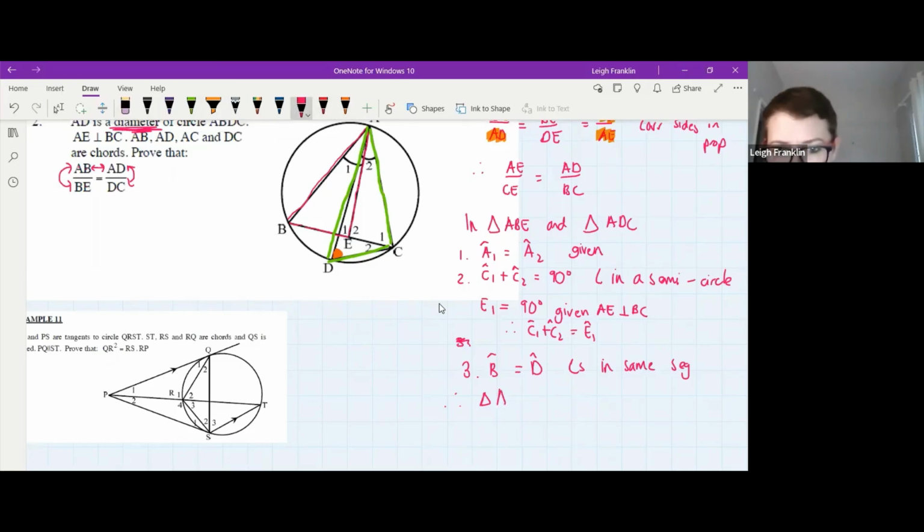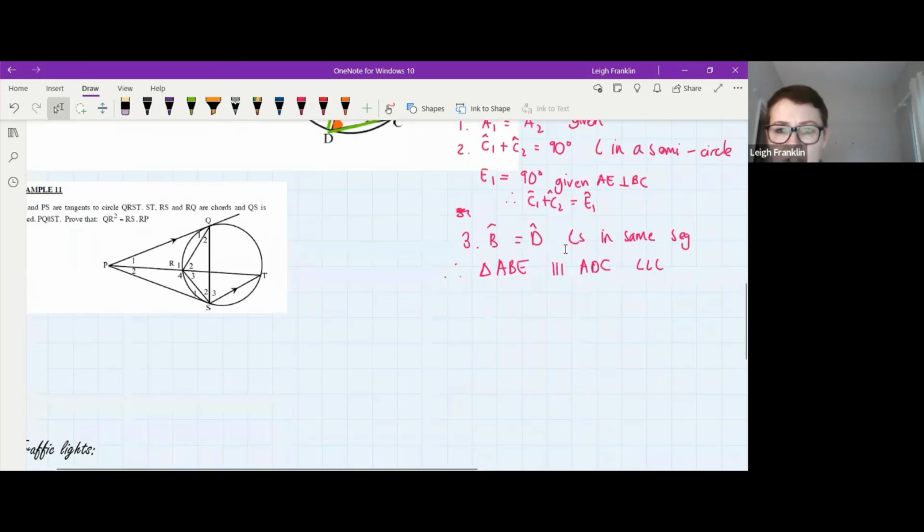Triangle ABE is going to be similar to triangle A comes first, then D comes next, and then the last one over here would be C. Matrix, angle, angle, angle. Nearly there. Let's just finish this off.